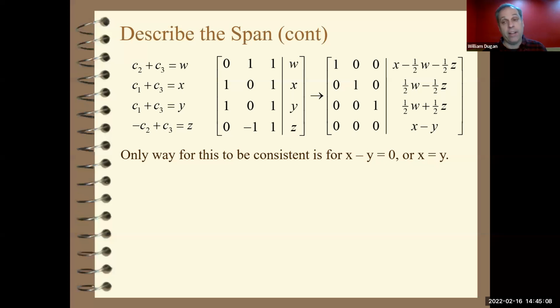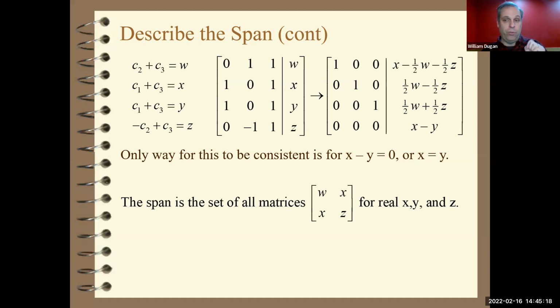Or in other words, X has to be Y. The minute we know that X has to be Y, that vastly restricts the type of matrices that can be in the span. So the only matrices that can be in the span are the matrices W, X, Y, Z, but remember, Y is X. So it can only be those matrices where the entries on the off-diagonal are equal.